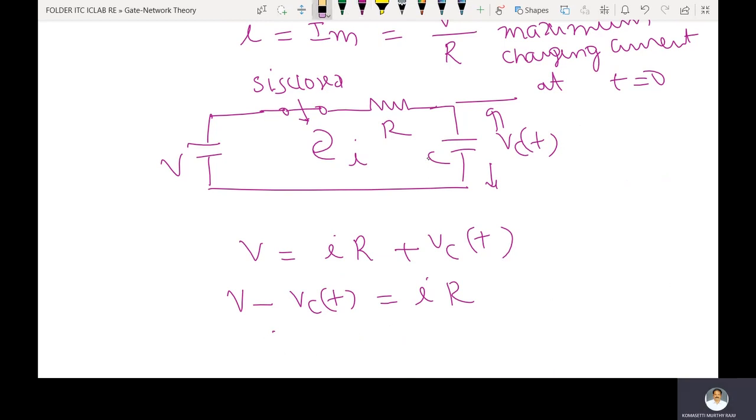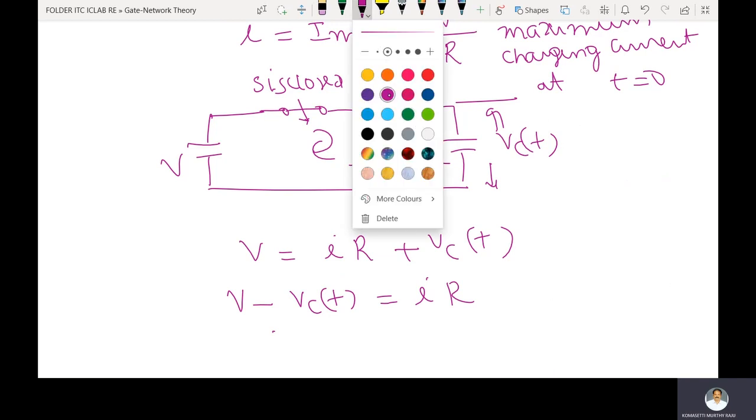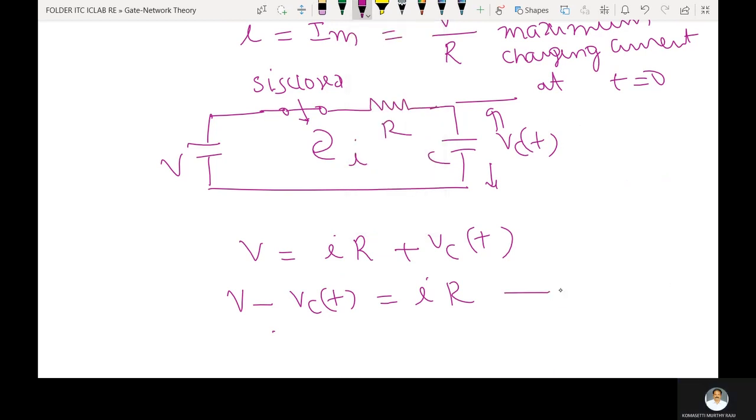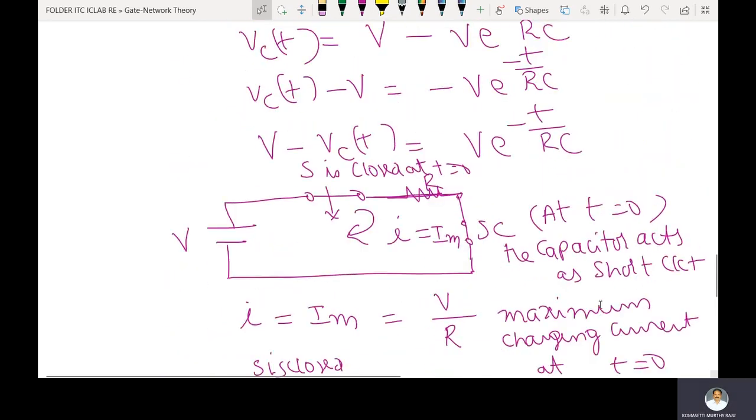This is the second equation. Substitute the second equation in the first equation.